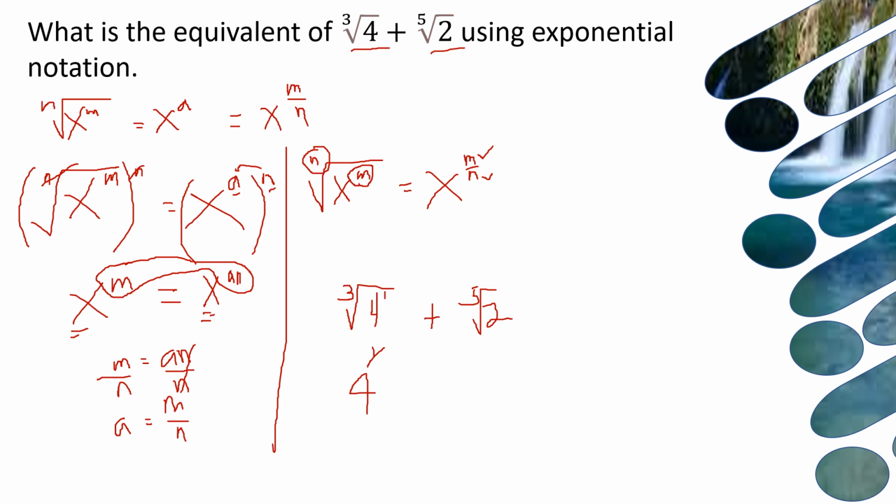So 4 raised to 1/3 plus 2 raised to 1/5. There is also an understood 1 here. That's why we have 1 as the numerator of the fractional exponent. So this is 4 raised to 1/3 plus 2 raised to 1/5. And that's it.